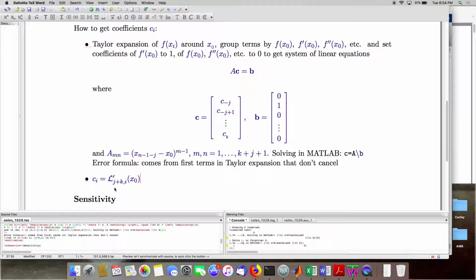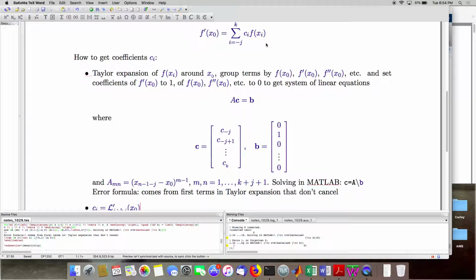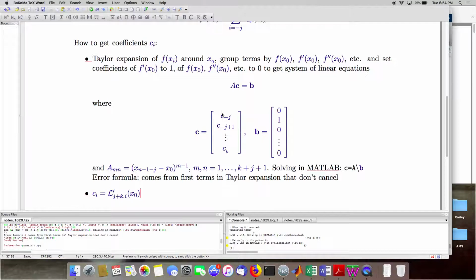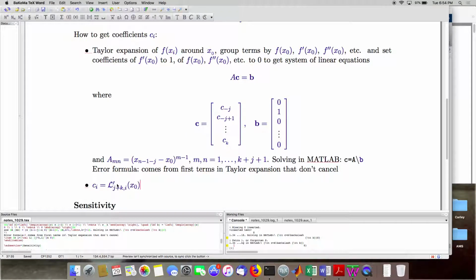So in other words, you form the Lagrange polynomials with all your x values. And then you take the derivatives of those Lagrange polynomials, and you plug in x naught. Okay. And that's it. That's the whole method.